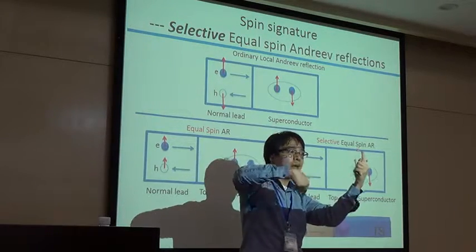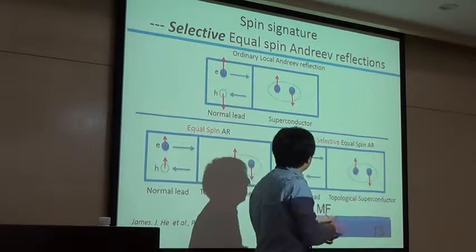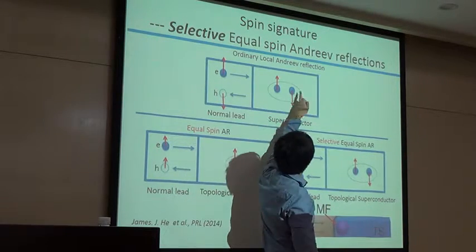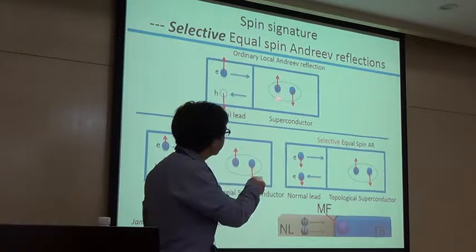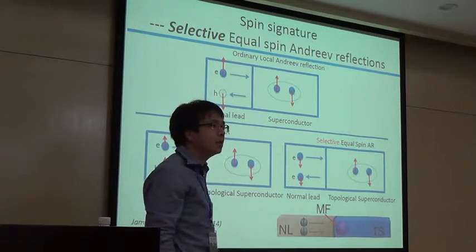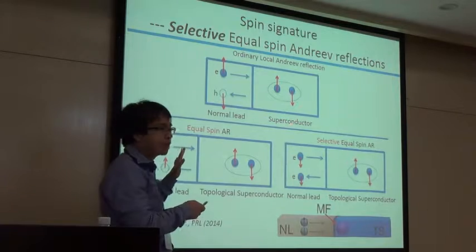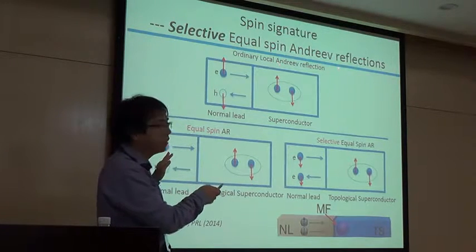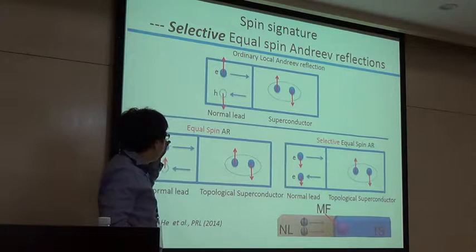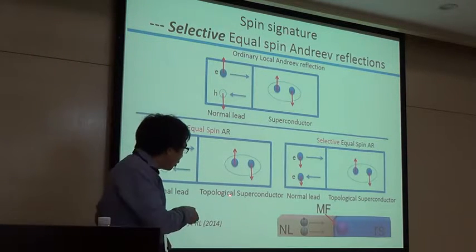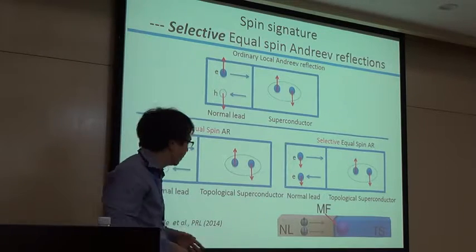This spin-up and spin-down electron tunnel together into the superconductor and form a Cooper pair, a spin singlet Cooper pair. This is for an ordinary superconductor. This process is called Andreev reflection.